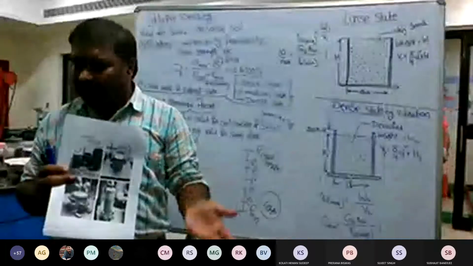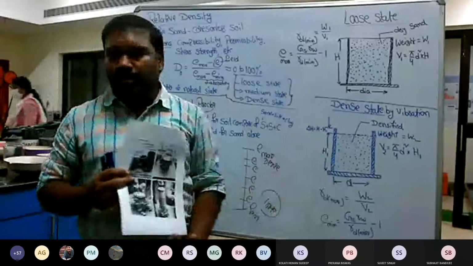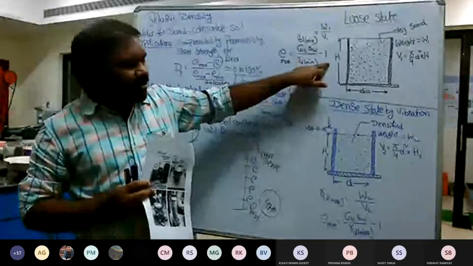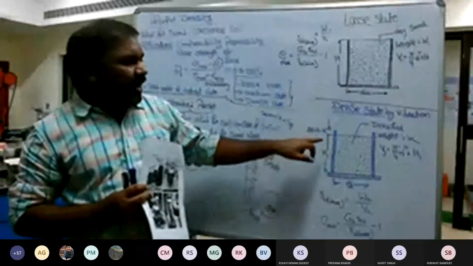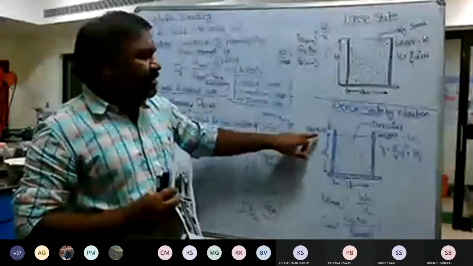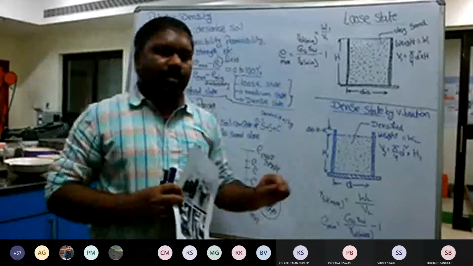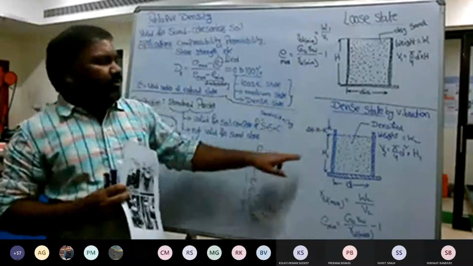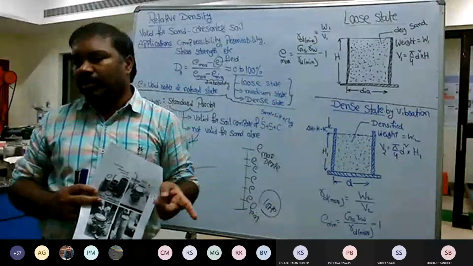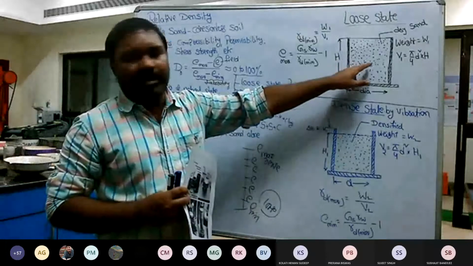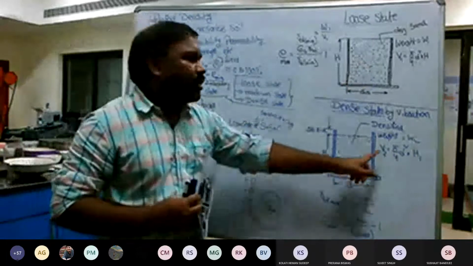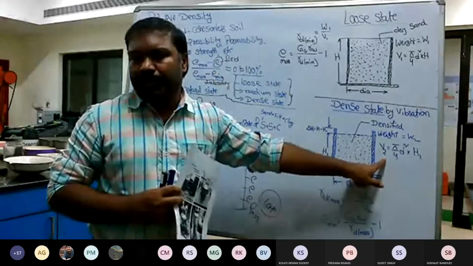Now I don't need to explain, as a result of the vibration, there is a reduction in the volume. You can see the initial height is h. After subjecting to vibration, the height is reduced to h1. So the reduction in height, delta h, is equal to h minus h1. Now the final height is h1. But remember, there is no change in the weight of the soil. The same weight of the soil has been taken, but adjusted in a smaller volume, that is V2.